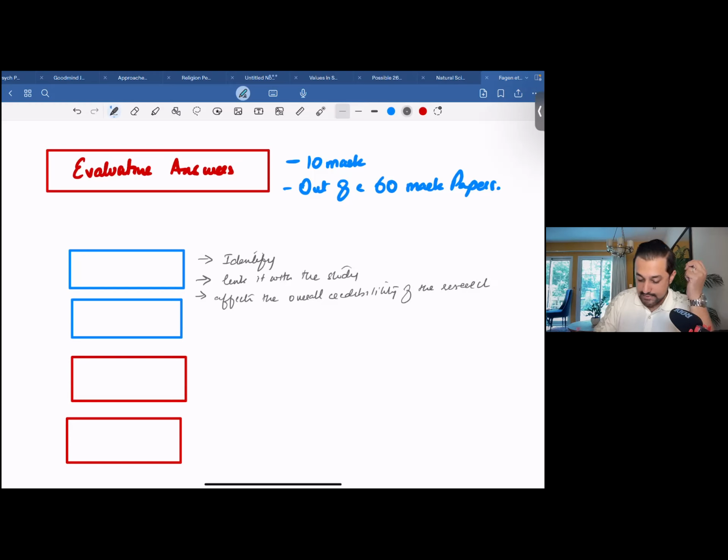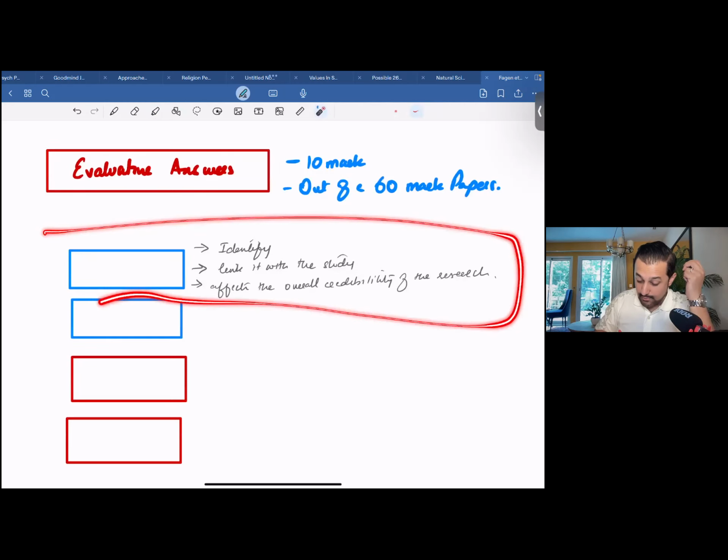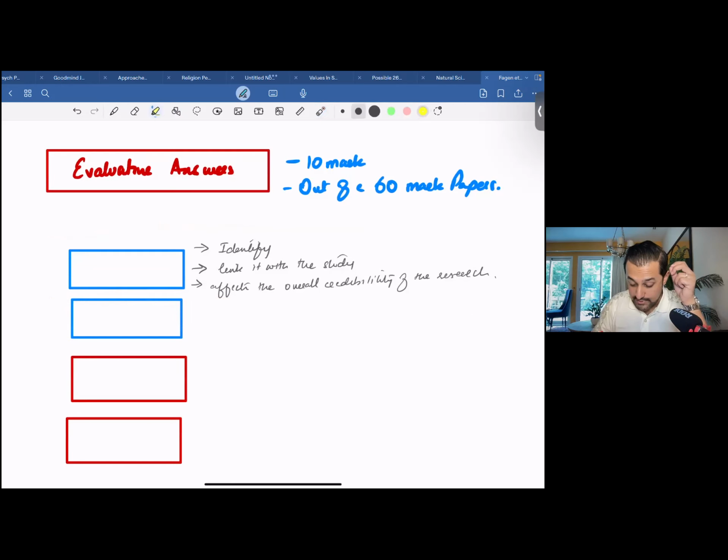So this is a criteria that I typically advise students to use or to keep in mind. Remember, I just mentioned for a single point, my dear, this is a single point, right? For a single point, you are expected to cater to all three of these requirements: identify that strength or weakness, link it with the study, and write down how it affects the overall credibility of the study.